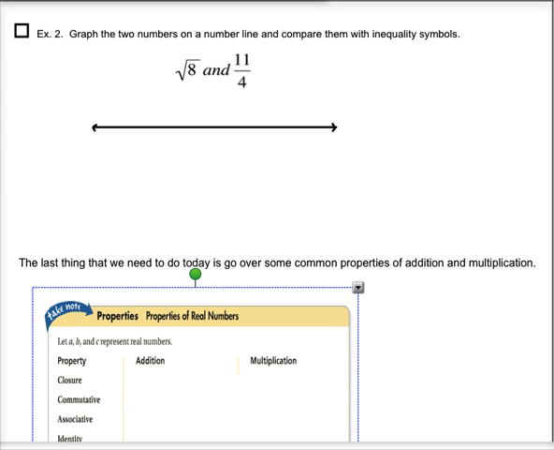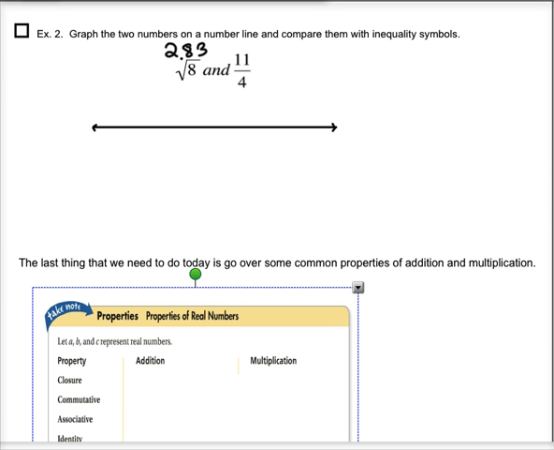So I'm going to whip out my calculator, and I'm going to calculate what is the square root of 8. And I'm getting about 2.83. And again, that's one of those irrational numbers, so I'm never going to be able to write the whole thing. That's just a best approximation for it.